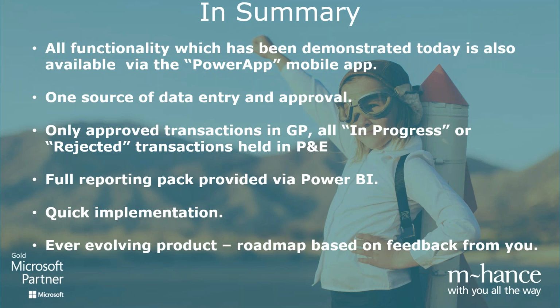So please, if there's something stopping you from buying this product, let us know, because if the data is something in GP, we should be able to get that on our product roadmap. If you're asking for us to rewrite everything, that might be a different sort of conversation. But if there's something stopping you from buying it, please let us know. Any feedback with regards to this product is gratefully received from myself and others as a product team here at m-hance.